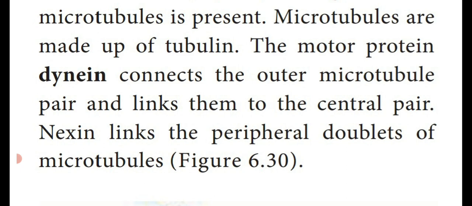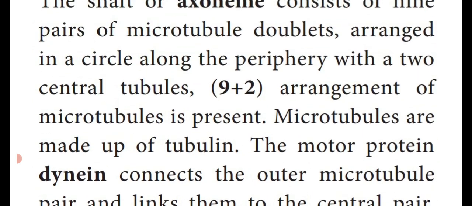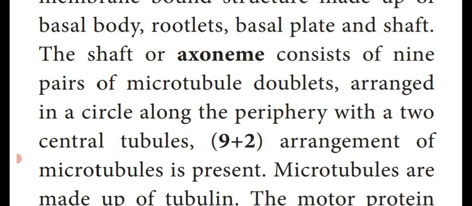The central microtubule contains the dynein which connects the outer microtubule pair. The outer doublet tubules are linked by nexin. This nexin links the outer microtubule doublets to the central microtubule. So that is the structure of a cilia.